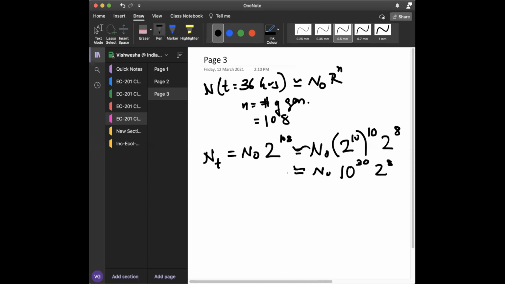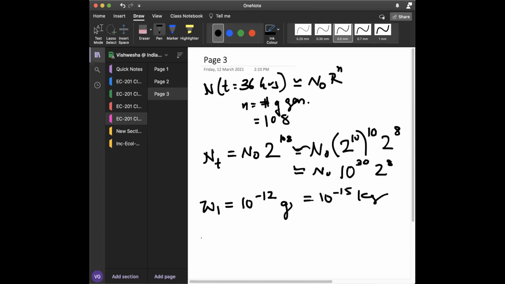Now, what is the typical mass of a bacteria? 1 picogram. What's picogram, by the way? 10 power minus 12 grams. Is that right? So that's 10 power minus 15 kg.